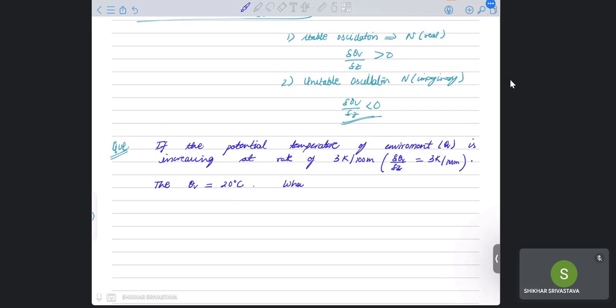What will be the Brunt frequency of oscillation, what will be the frequency of oscillation of the parcel in the environment?